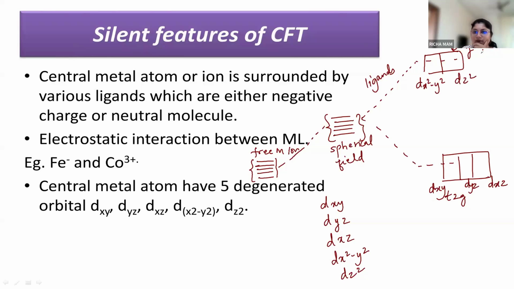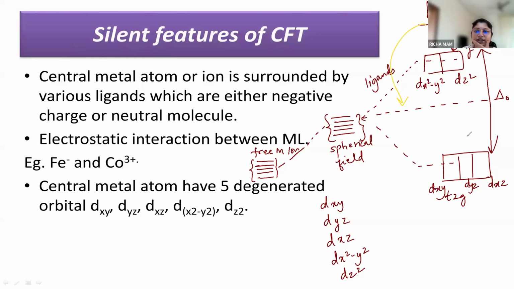Okay, remember that. Now, these two sets of orbitals, t2g and eg, are separated by a barycenter. The separation is represented as delta O. So the distance between the eg and t2g is delta O. And this is your barycenter.